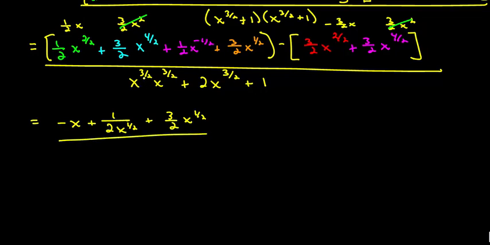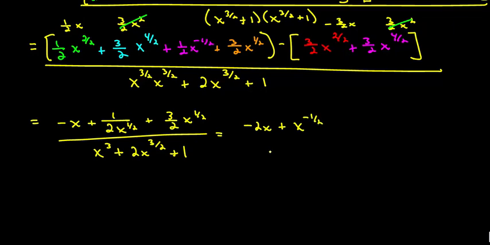So here I'm going to have 6/2, or x to the 3rd, plus, over here, I've got 2x to the 3/2 plus 1. And now, just to get rid of the denominator here, I'm going to multiply top and bottom by 2. So when I do that, I get negative 2x plus x to the negative 1/2.